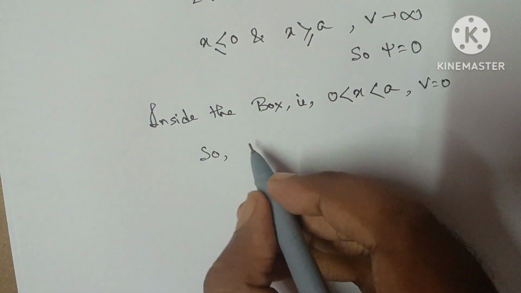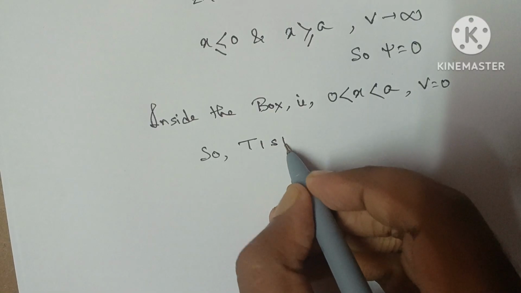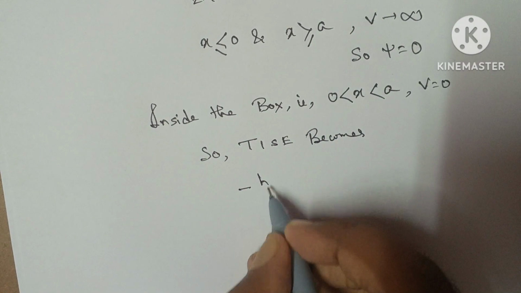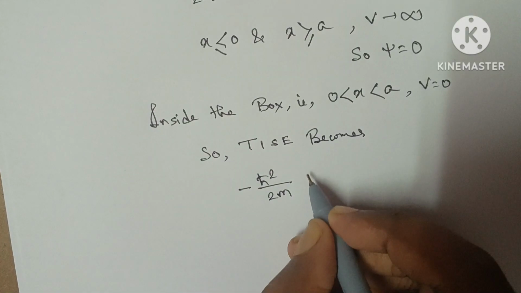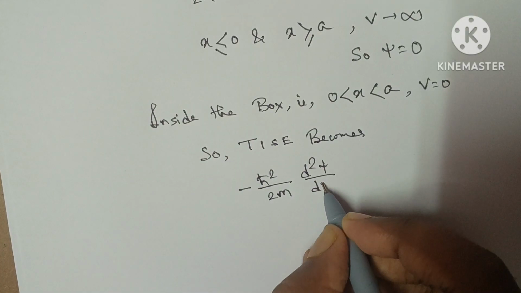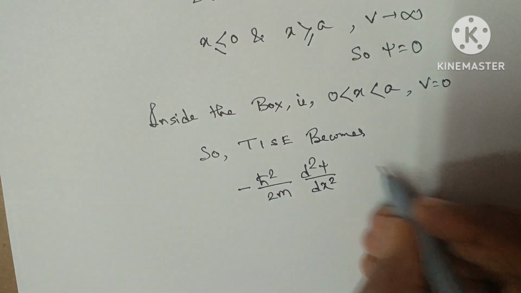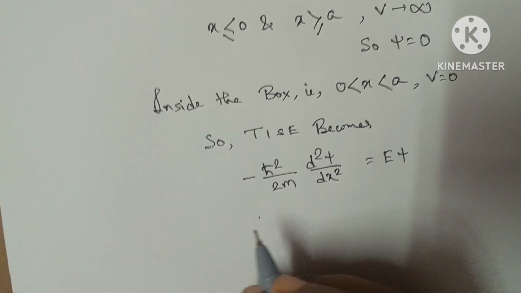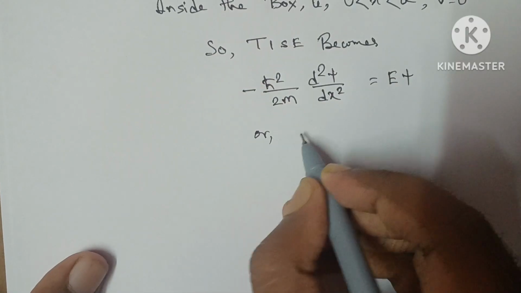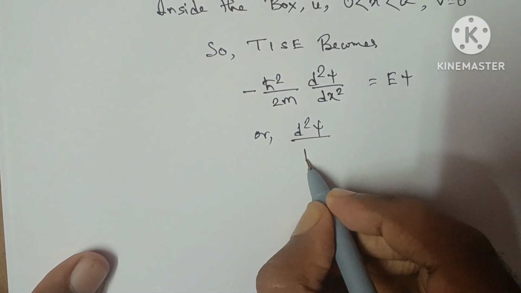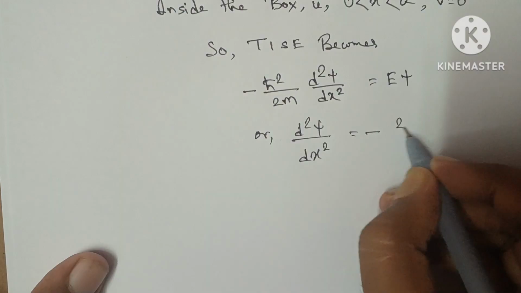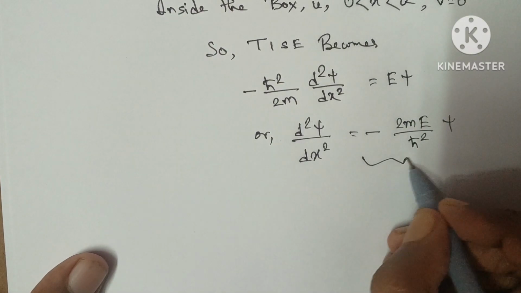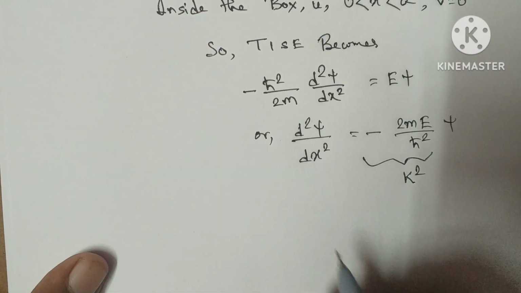So the time independent Schrodinger equation becomes minus h cut square by twice m d2 psi dx2, potential is 0, so plus V psi equals 0, equals E psi, or d2 psi dx2 is equal to minus 2mE over h cut square into psi. Now write this as k square.